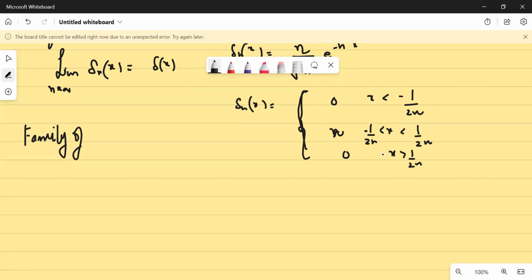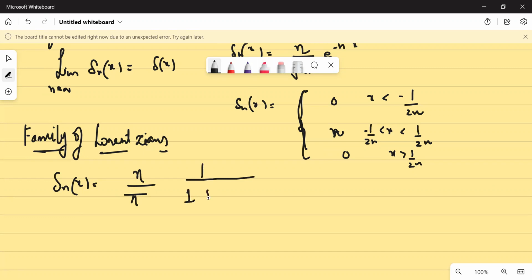So you had a family of rectangles, you had a family of Gaussians, you can have a family of Lorentzians as well. Now clearly see that at x equal to 0, this will be 1, and as n tends to infinity, your delta n x goes towards infinity.